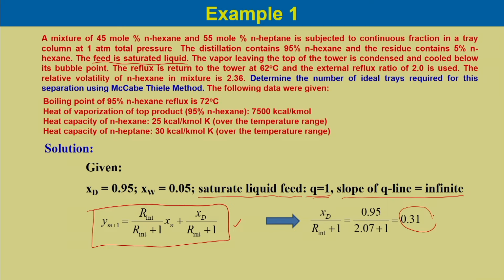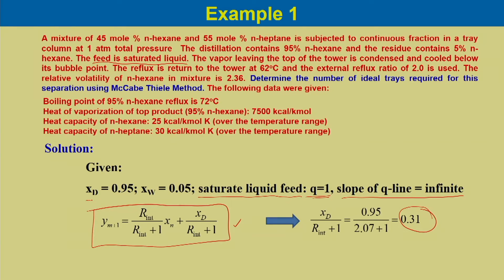So, it is 0.31. So, the intercept of this rectifying section operating line is 0.31, and we know the starting point xd for the stripping section operating line, and the equilibrium data which we have discussed in earlier problems. So, with the relative volatility of 2.36, we can draw the equilibrium curve.